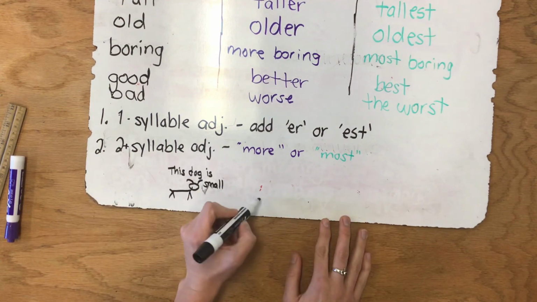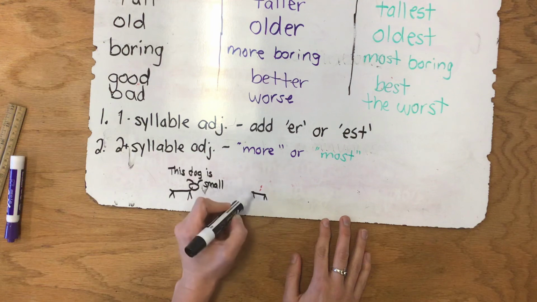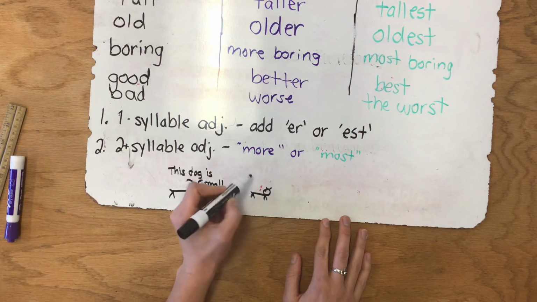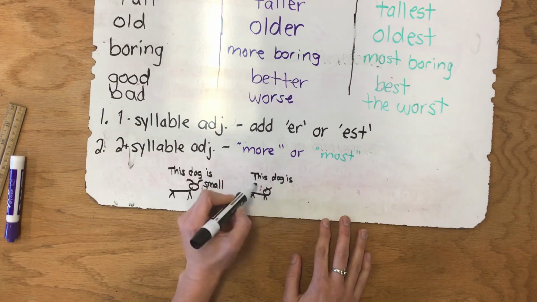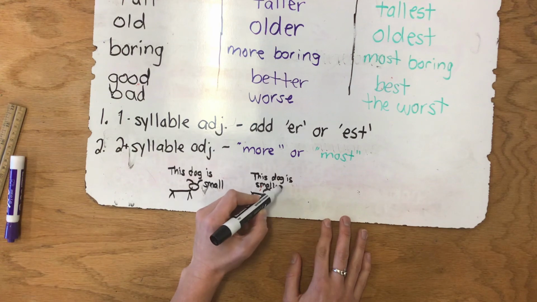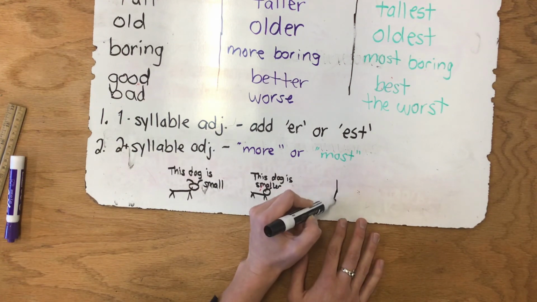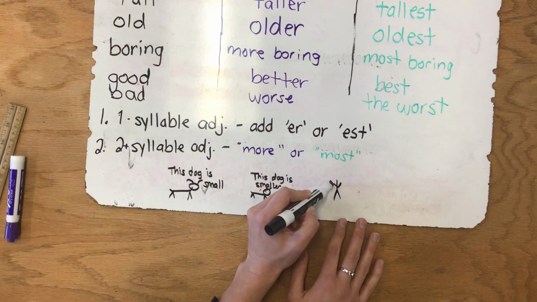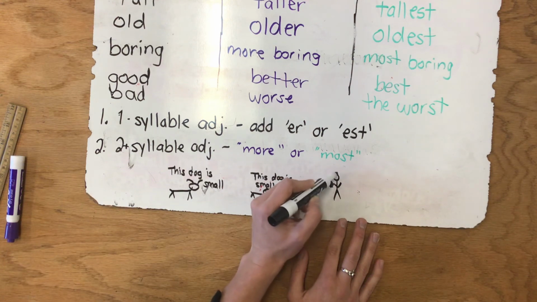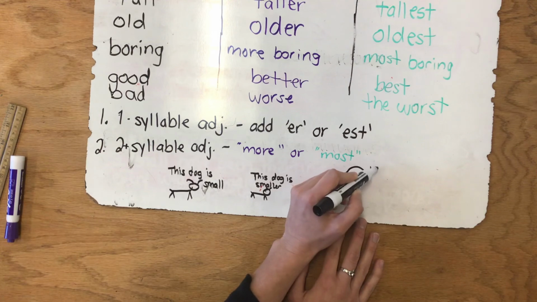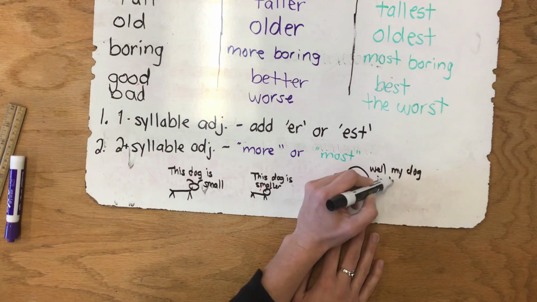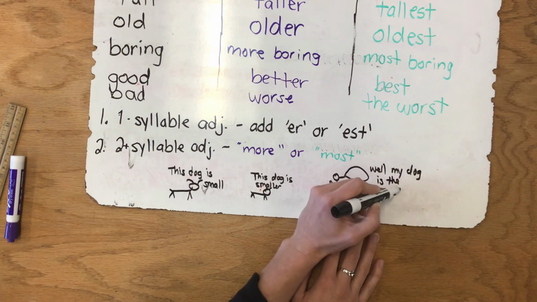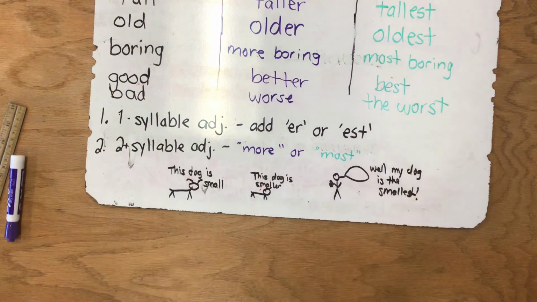And then on the next one, you might draw this dog is smaller. And then maybe I have a person holding a dog. And this person's saying, well, my dog is the smallest. Like that. That would fit in that bubble.